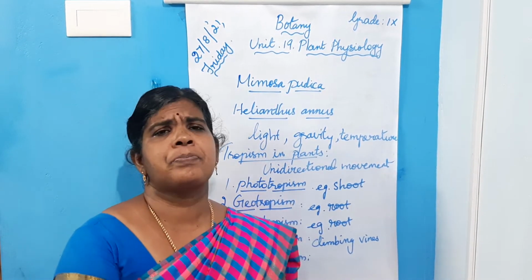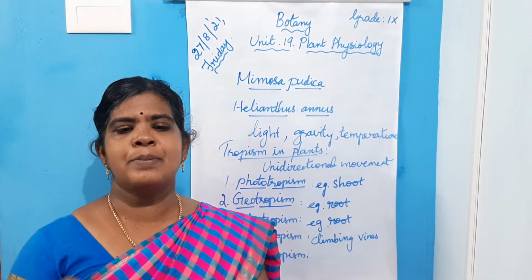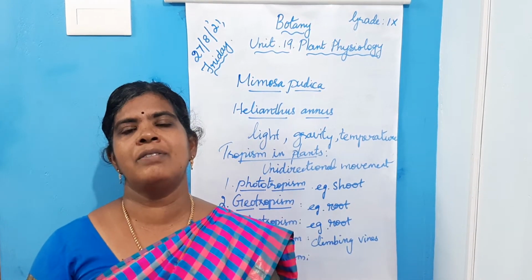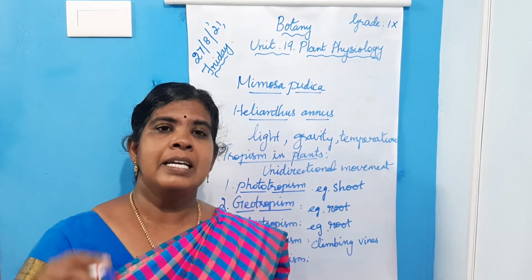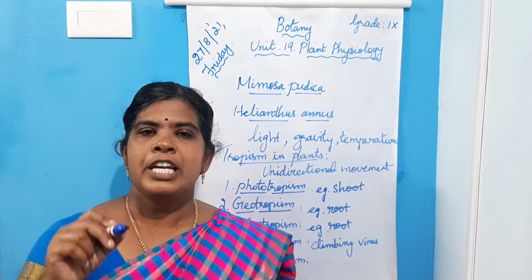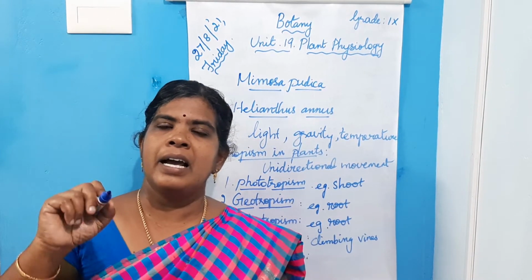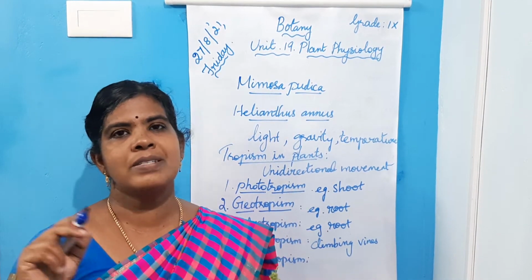Now, tropism is generally termed positive if growth is towards the signal or stimuli, and it is negative if it is away from the signal or stimuli.